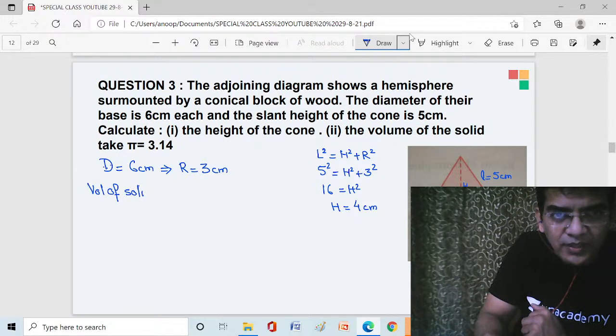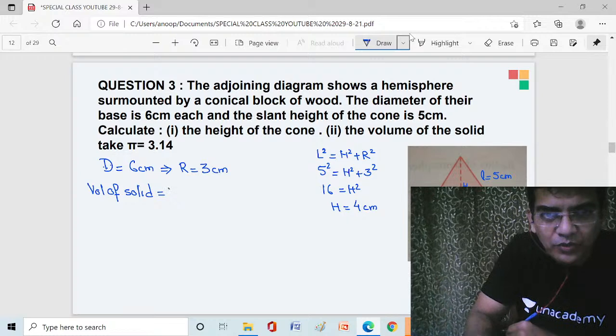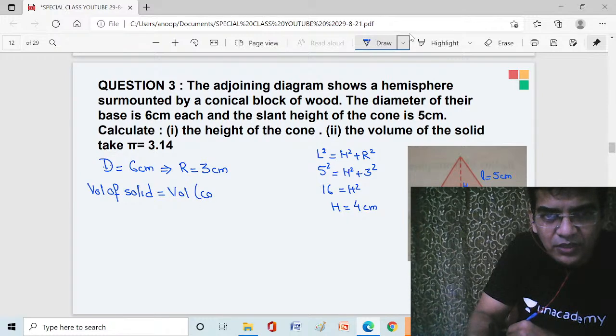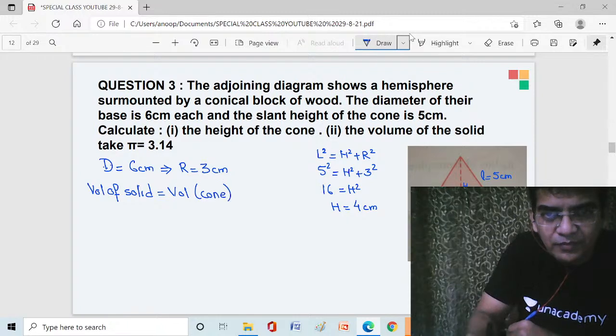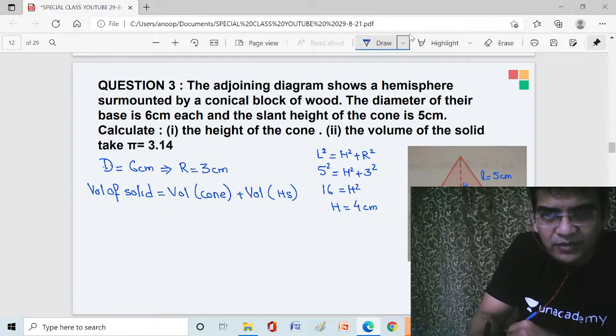The solid, as you can see, is composed of two parts. So we will write the volume of the conical portion, right, plus the volume of the hemispherical portion, right.